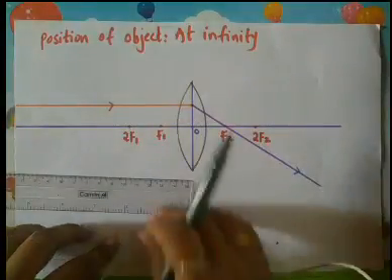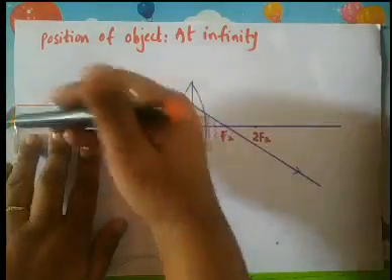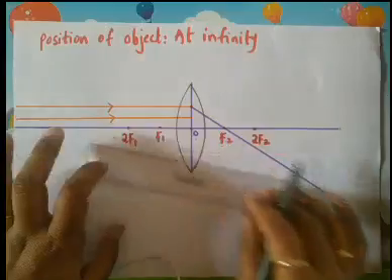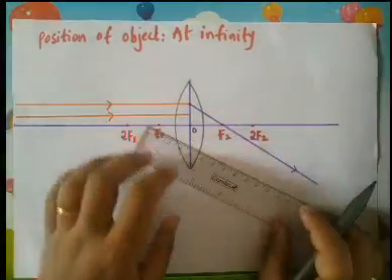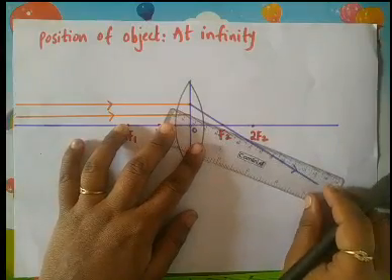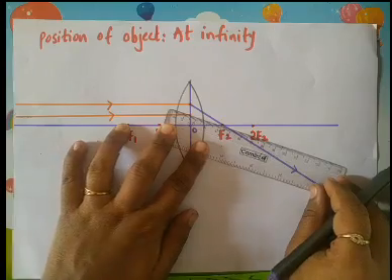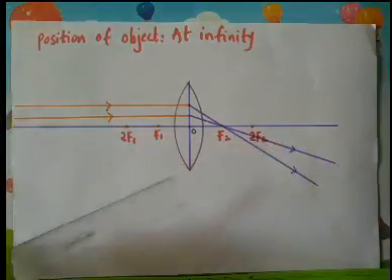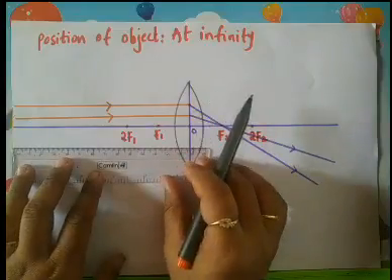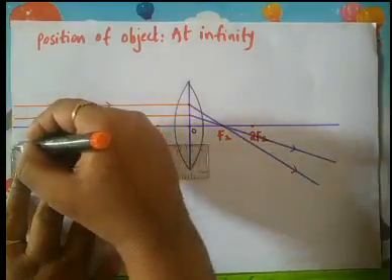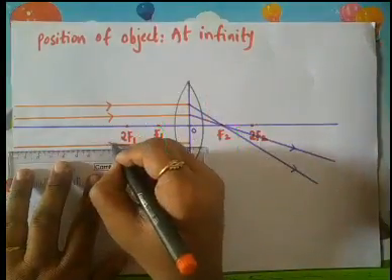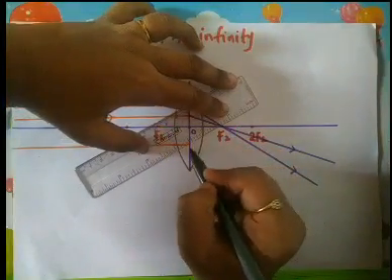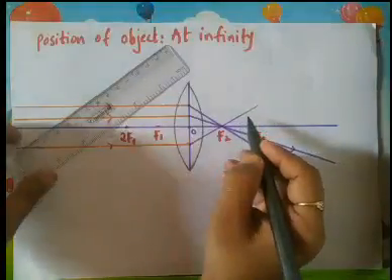Incident ray will be coming parallel to the principal axis, and the refracted ray will be passing through the focus.